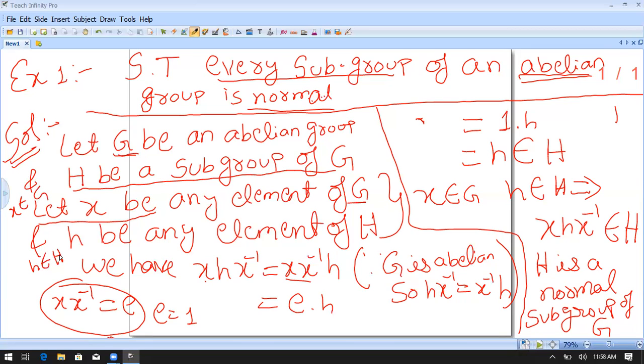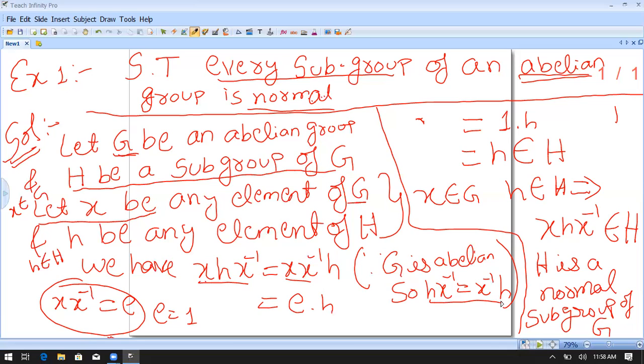From this we have x inverse, by the definition of a normal subgroup. We have converted it to x inverse h. Since G is an abelian group, h x inverse is converted into x inverse h by the properties of abelian groups.